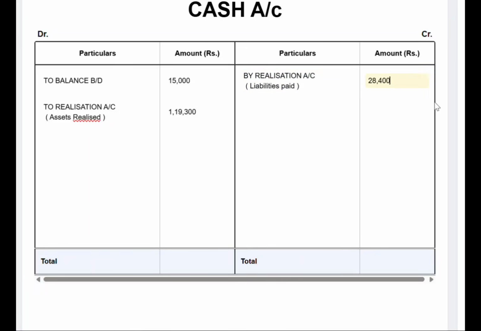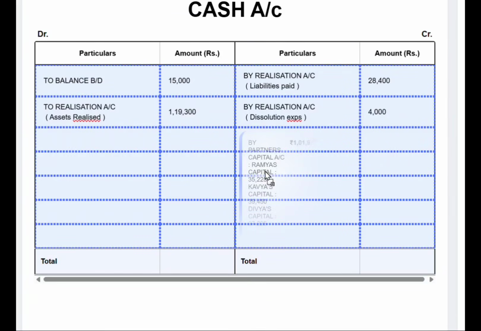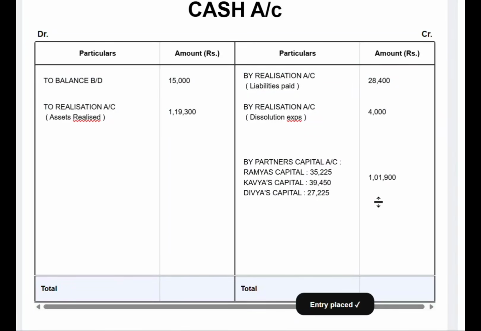Now the next entry which we had paid is the dissolution expenses, that is by realization account, the dissolution expenses that are paid, rupees 4,000. And finally, the partners' capitals are being paid. So the partners' capital is being settled. So from the partners' capital account, we bring down the settlement made to all the partners as by partners' capital account.